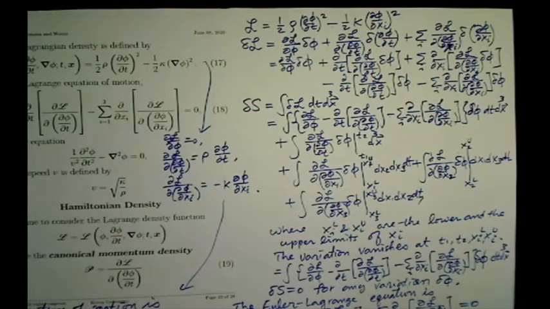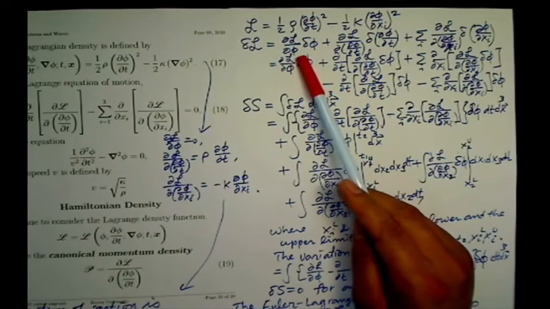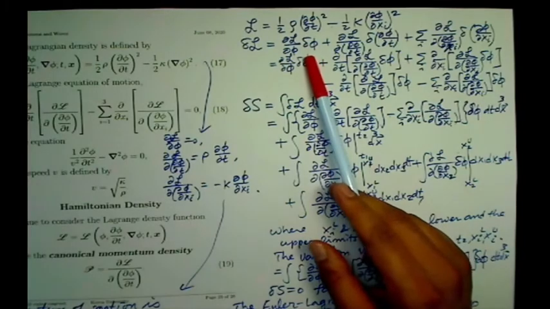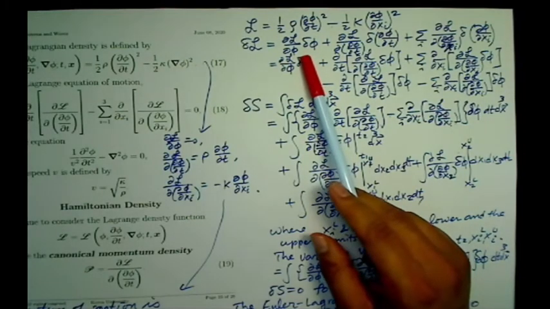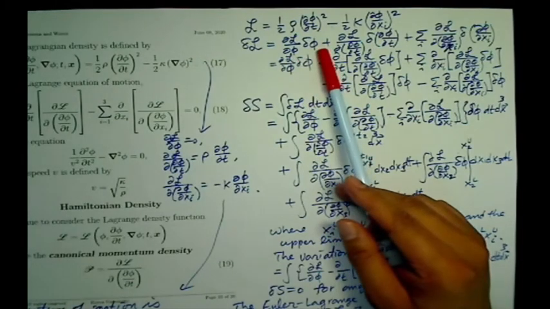Variation of the Lagrangian can be made in terms of the partial derivative. Variation of the Lagrangian due to the field itself is computed to first order in the variation of phi as the partial derivative of the Lagrangian with respect to the field phi multiplied by the variation of the field.